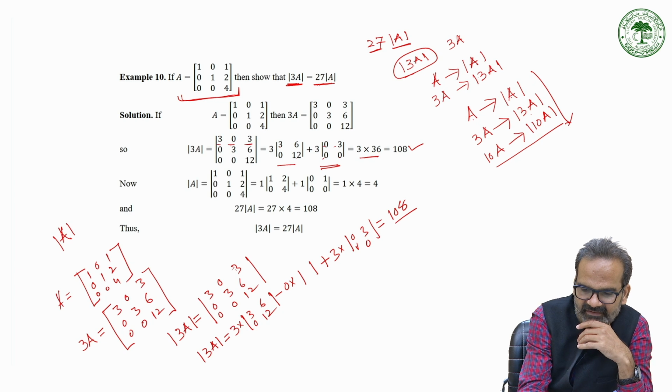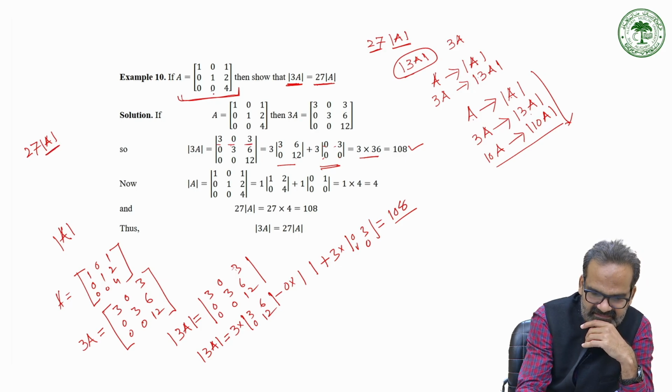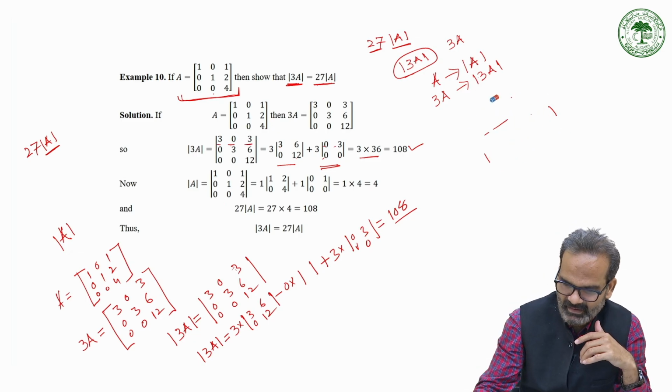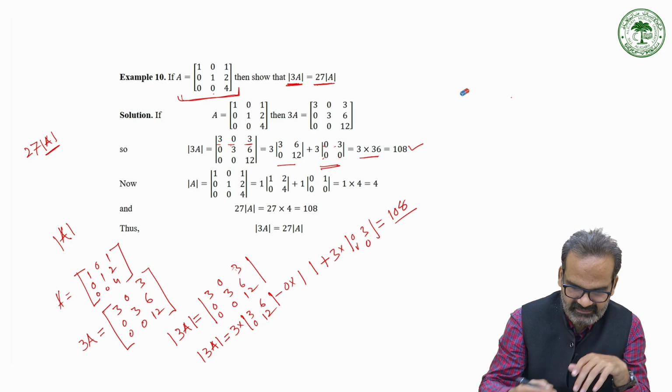Now here we have been given 27 times the determinant. This is the determinant of the matrix A itself, right? Now A is this. Now find out the determinant of A. Now as usual, find out the determinant of A. What is the value of the determinant?